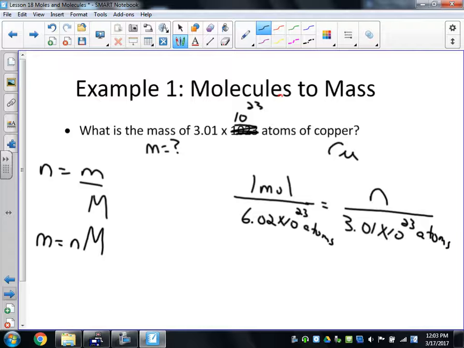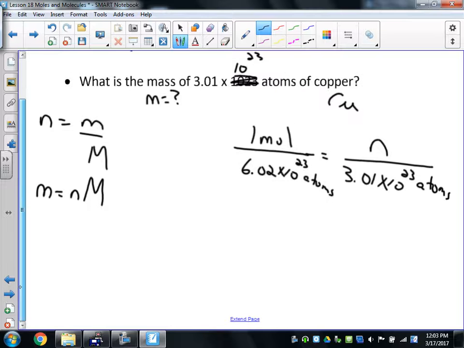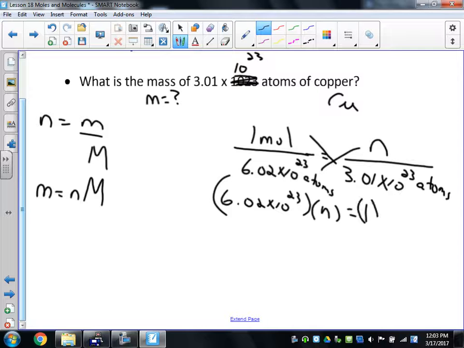Now, the one thing you have to get right about this is a couple things. We did this the other day. This goes back to a couple days ago. Cross multiply, right? 6.02 times 10 to the 23 times n, and 1 times 3.01 times 10 to the 23.